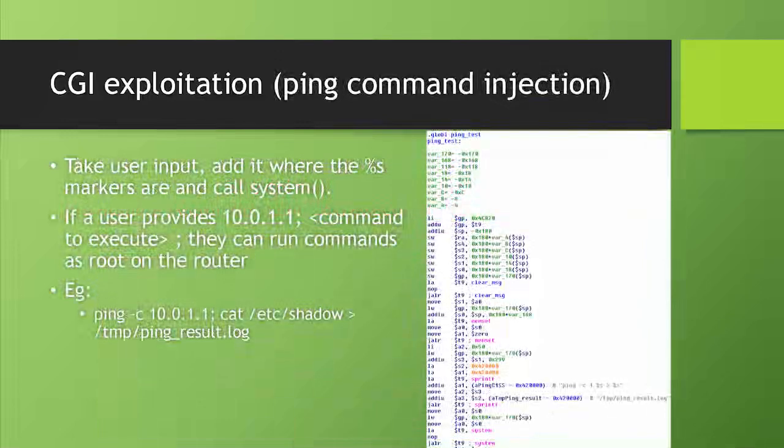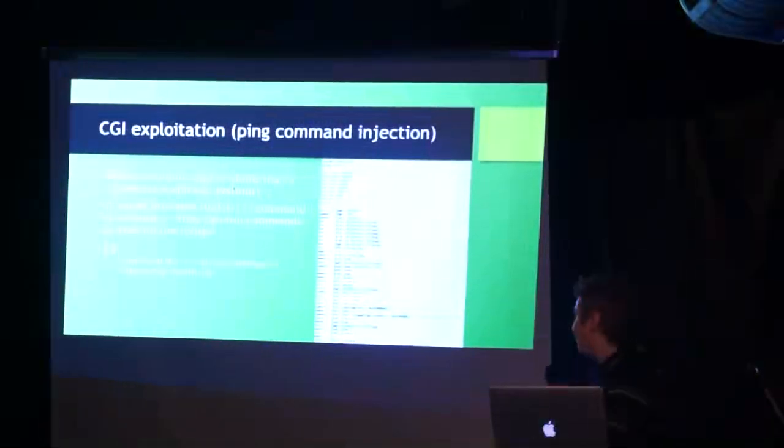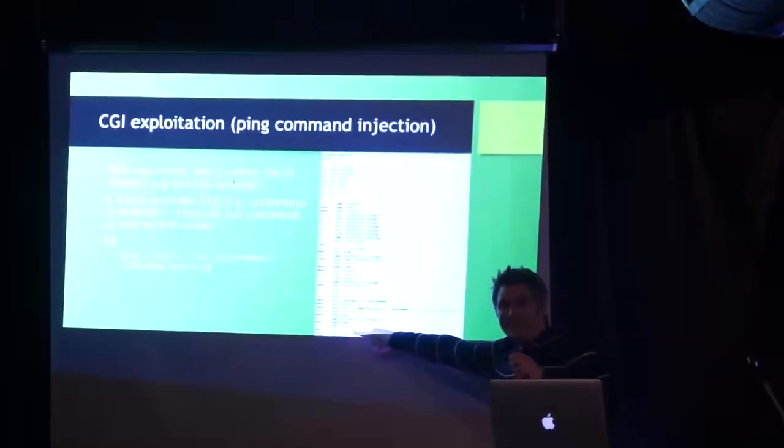So here's the function. Okay, so this ping test function can be called unauthenticated, unfortunately. And down in the bottom right-hand corner, I'm sorry you can't see it, but right here, that says system.